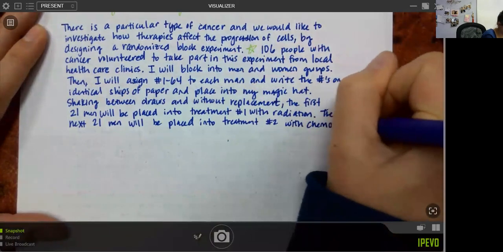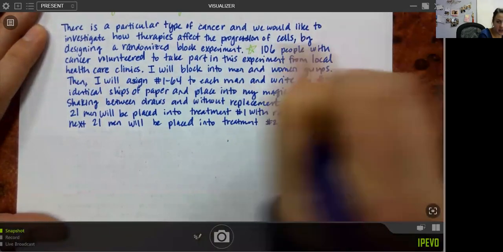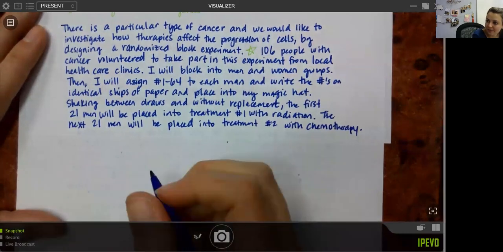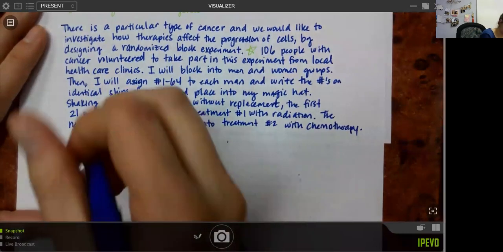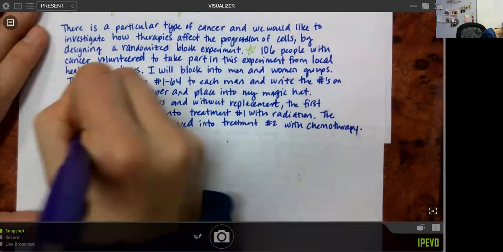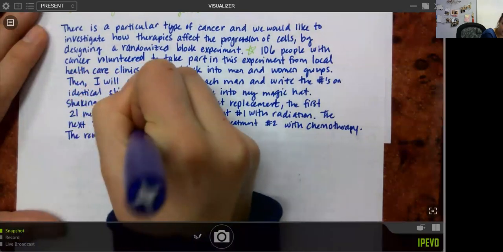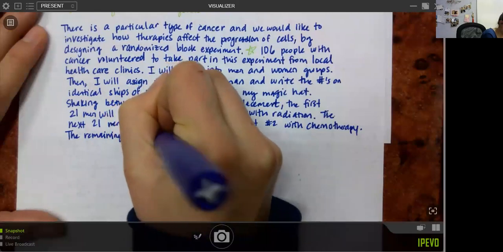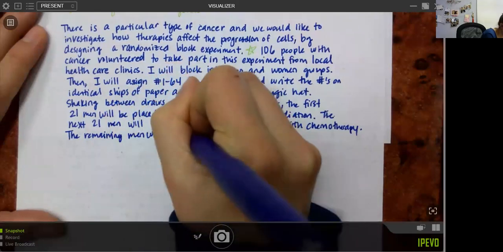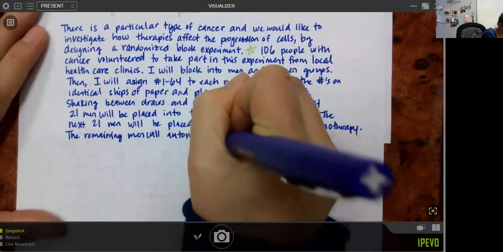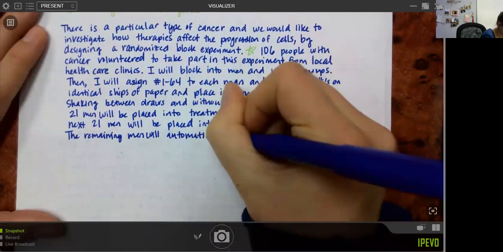I could put chemotherapy here since they actually wrote it out in the problem. The remaining men will automatically, we don't need to pull their names out, it's just whatever 22 names are left.